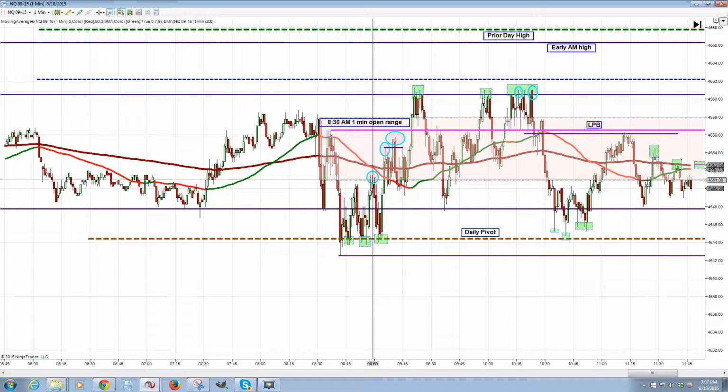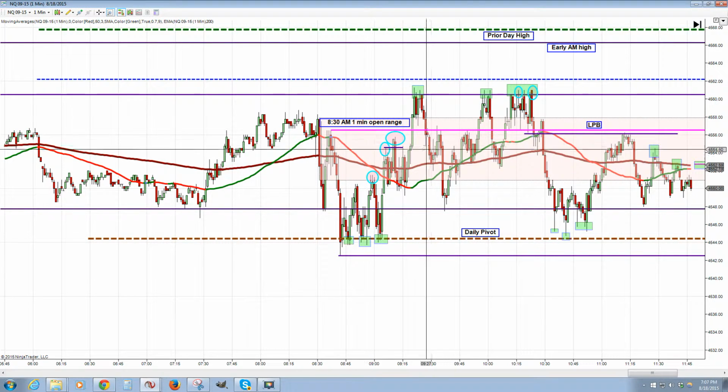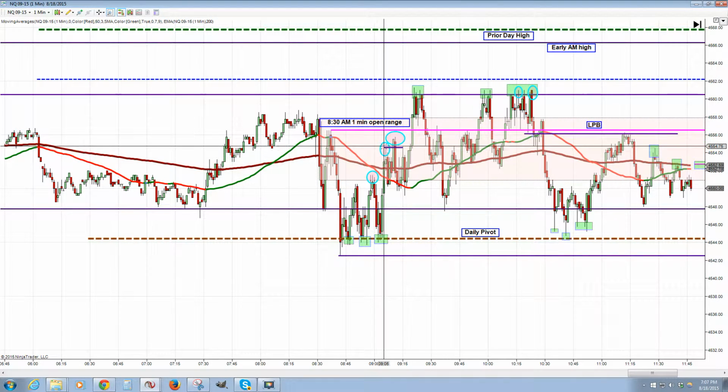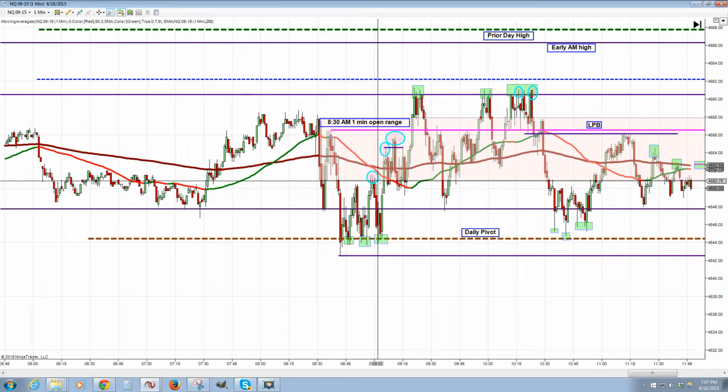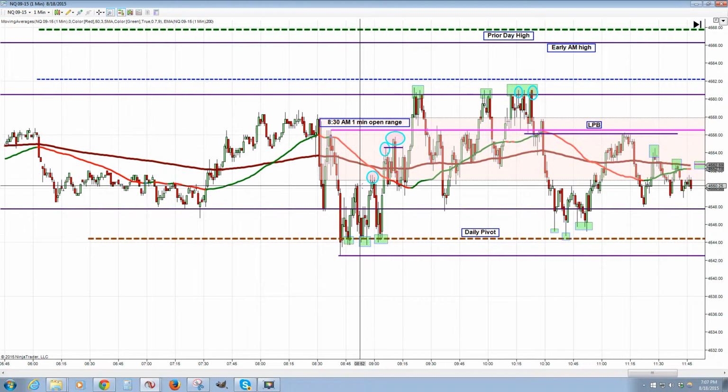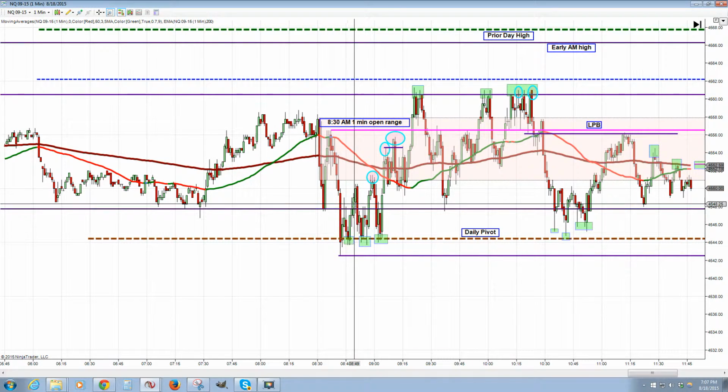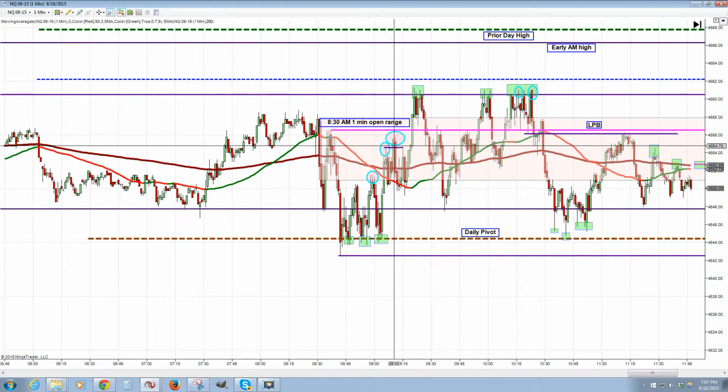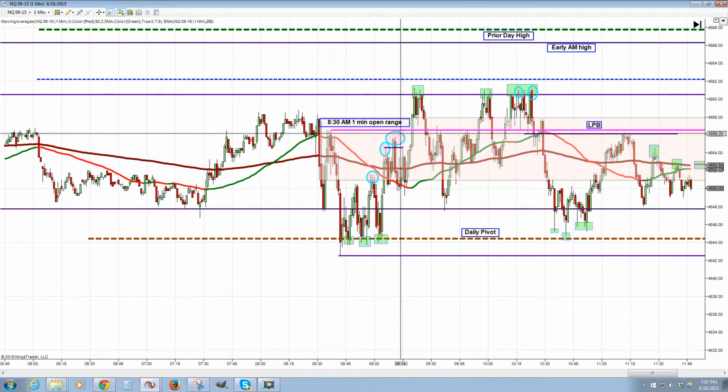That's a simple way of understanding. So you can sell up inside this opening range resistance, but I would want to do it here or here or here. I'm not necessarily thinking that I'm selling this all the way up.